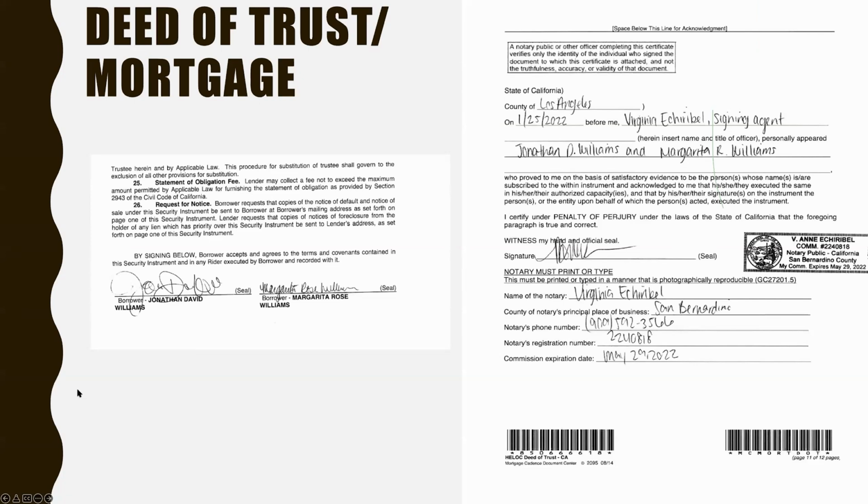No. It should be Jonathan David Williams and Margarita Rose Williams. So not just the initials. Oh, perfect. Brenda, you're the best. And then they need to circle what is appropriate in the verbiage there. Okay, yeah, very good. That's everything.